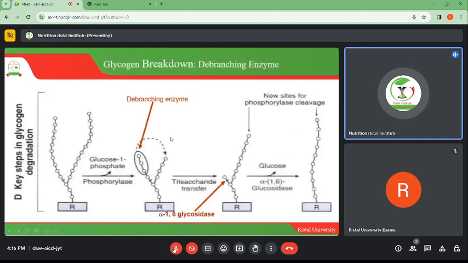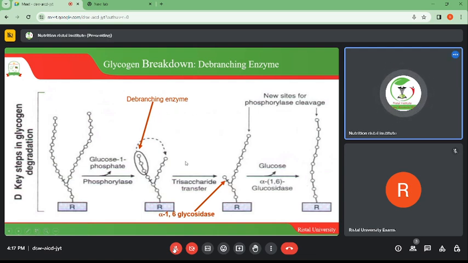So just like we saw on this, where you're seeing glucosidase, that's only one glucose molecule that can be released into your blood as glucose in the muscles. So the rest of this chain is going to be formed as glucose 1 phosphate. That's why the major product of our glycogen degradation is going to end up being glucose 1 phosphate instead of a free glucose.